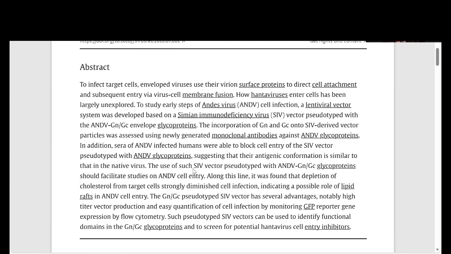The use of such SIV vector pseudotype with the Andes virus GNGC glycoproteins should facilitate studies on the Andes virus cell entry. Along this line, it was found that depletion of cholesterol from the target cells strongly diminished cell infection, indicating a possible role of lipid rafts in Andes virus cell entry.